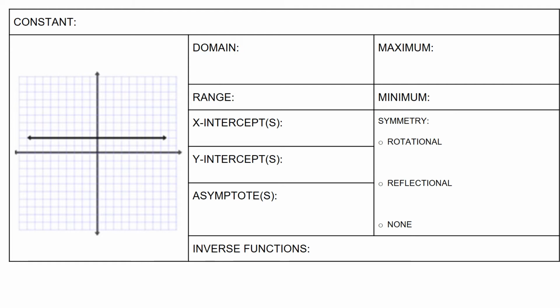So with the constant function, what that looks like is you have f of x equals c. And c can be any number. Okay?